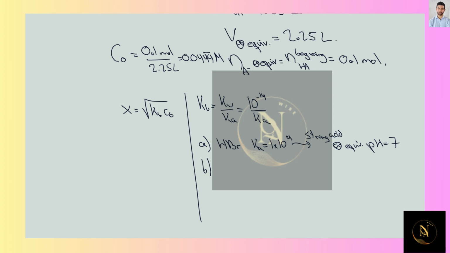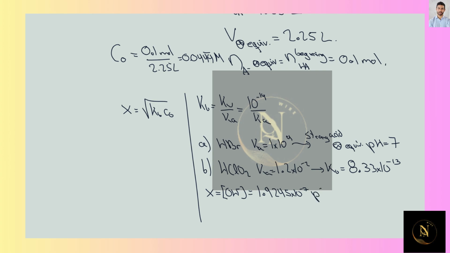For case B, now we're going to employ this equation. For chlorous acid, HClO2, the Ka is equal to 1.2 times 10 to the minus 2. That means that Kb is going to be equal to 8.33 times 10 to the minus 13. Thus, the value for x, that is the concentration of OH minus, is going to be 1.945 times 10 to the minus 7.